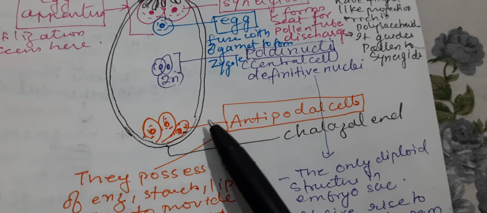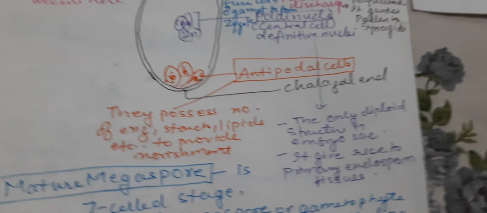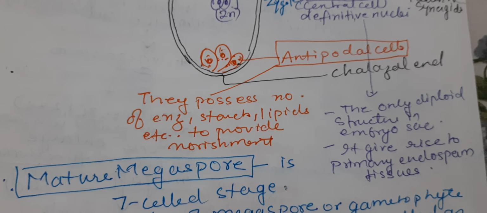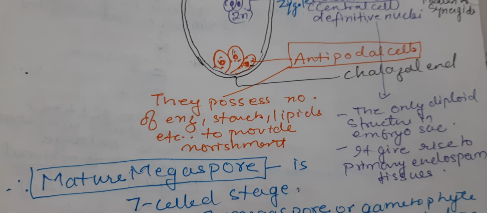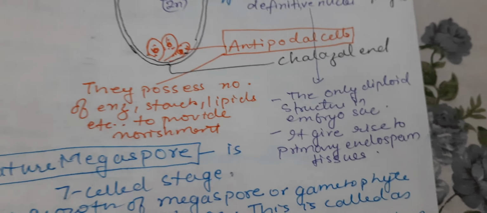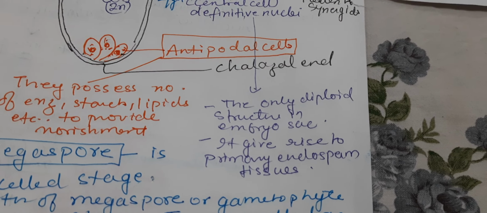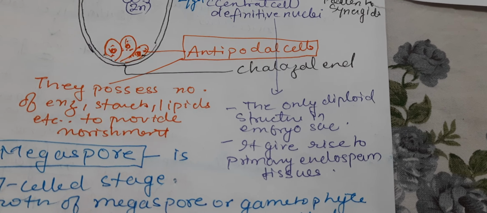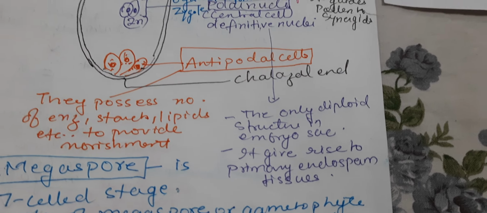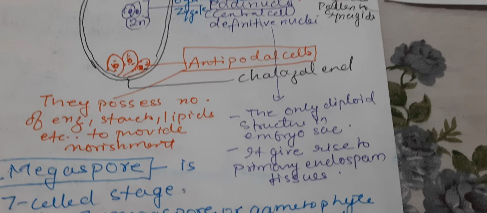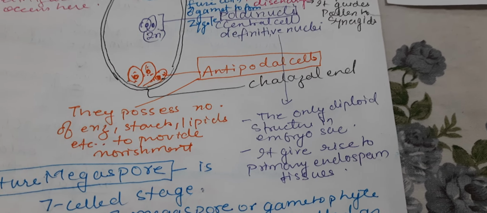And then 3 antipodal cells are present at the chalazal end, and they possess a number of enzymes for starch, lipid, etc. to provide nourishment. If you look at the definitive nucleus, this again fuses with another male gamete, and this is the only diploid structure we can say in the embryo sac, and it gives rise to the primary endosperm.